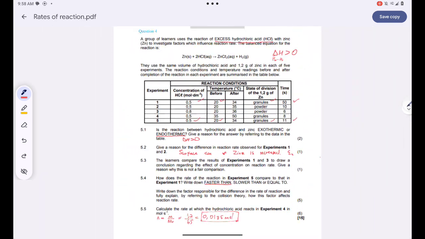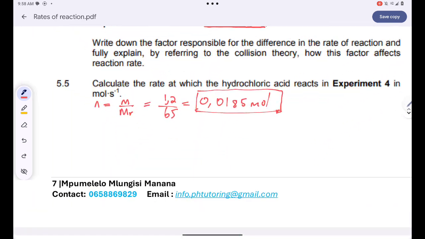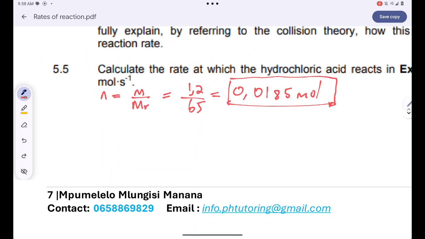According to ratio and proportion, I need 1 mole of zinc to react with 2 moles of hydrochloric acid. If I only use 0.0185 moles of my zinc, I want to know how many moles of hydrochloric acid I will need.